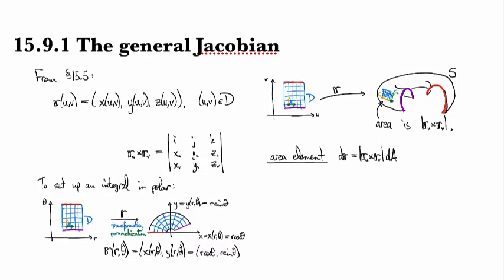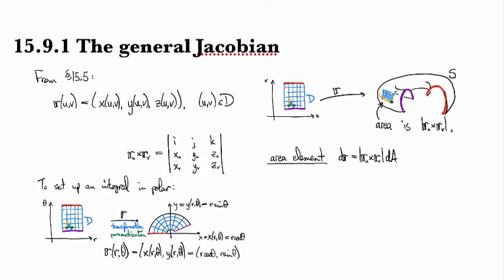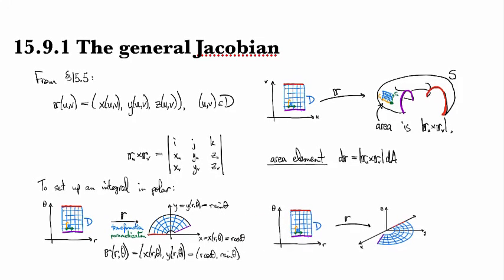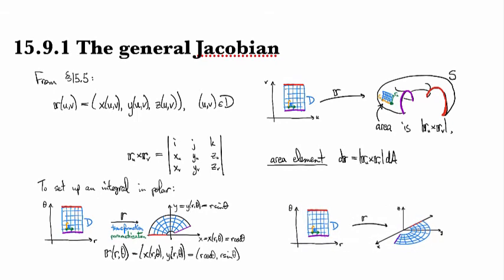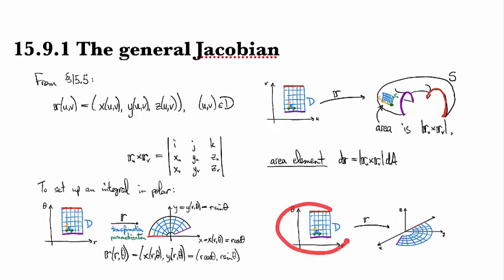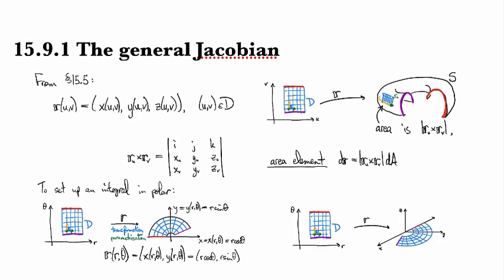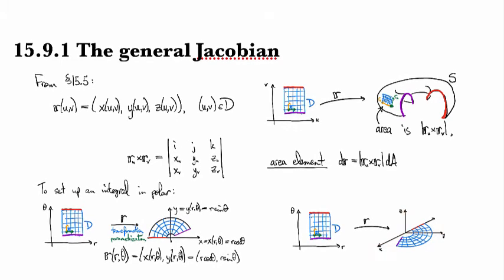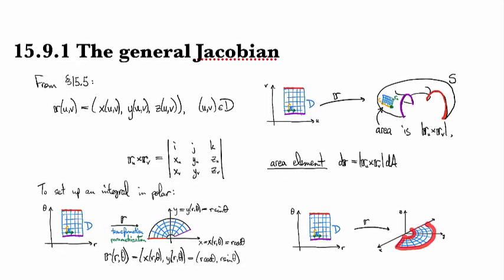Okay, and then we can also ask, how is it that this worked for cylindrical? Well, for cylindrical, we have the same kind of idea, except that we're mapping now from a two-dimensional parameter space into a three-dimensional world. The only thing is, we're only mapping it onto the ground floor, the xy plane.